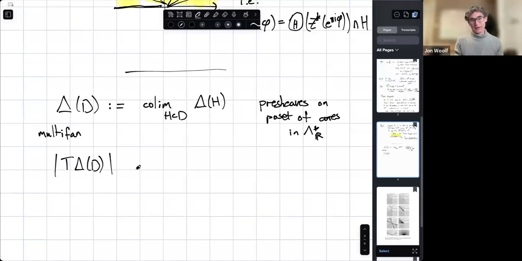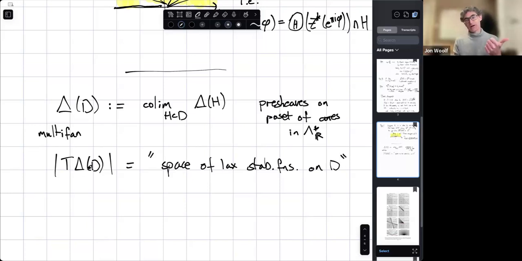This is a space which, very roughly, you can interpret as the space of lax stability functions on D. So points of this correspond to a choice of heart and a stability function on D, which is allowed to be lax, so it can map non-zero objects to 0.